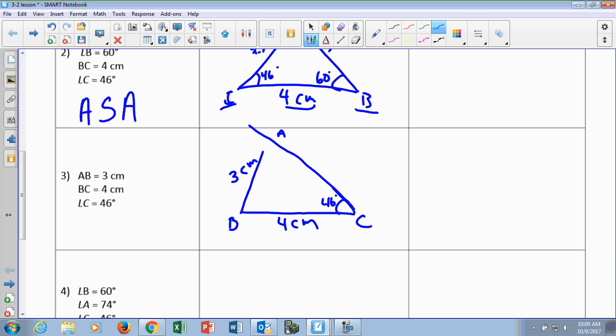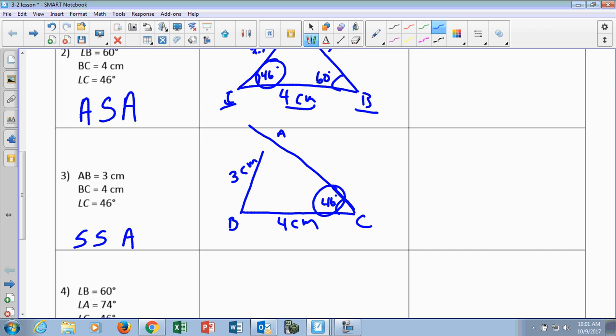But here's the problem. You have two sides that are the same, and you have an angle, but is the angle the same? Angle C? Look at the two previous ones. Is angle C the same as the other two? Yeah, 46, the same as angle C up here and the one above it.